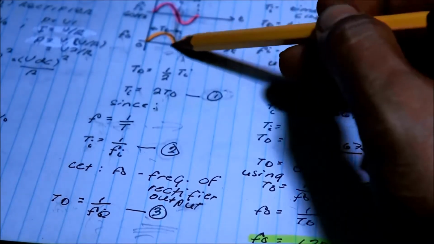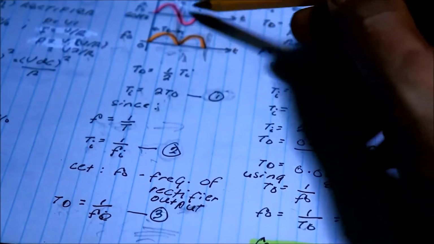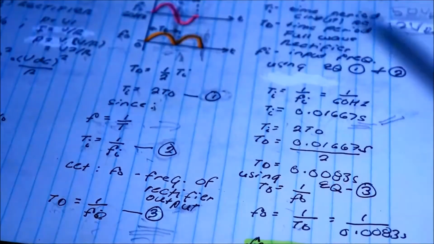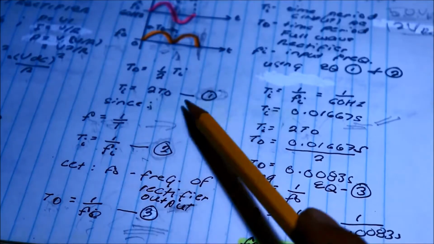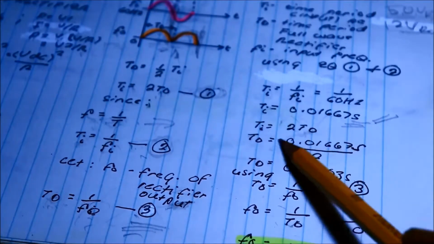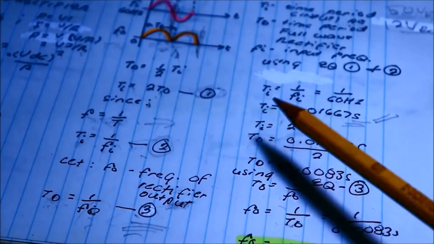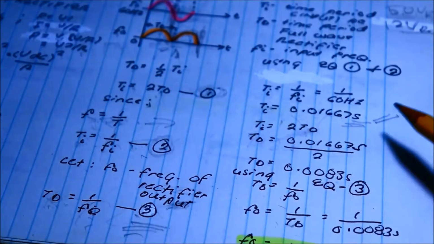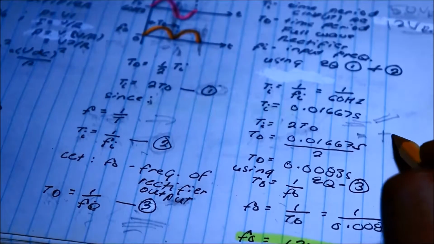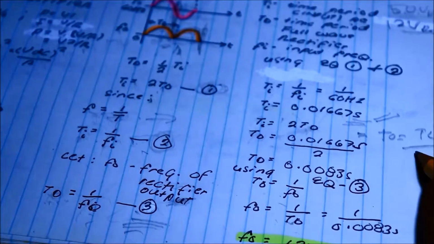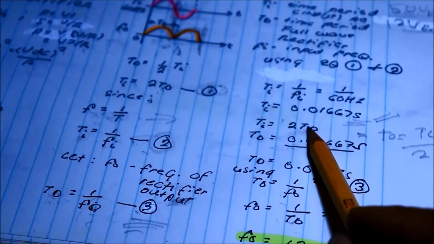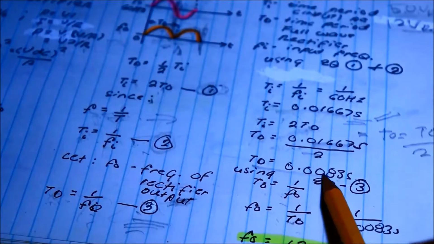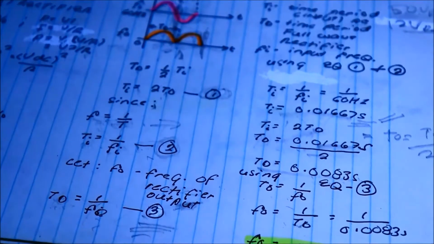Substituting, To is equal to Ti over 2, so we get the output period of 0.0083 seconds.